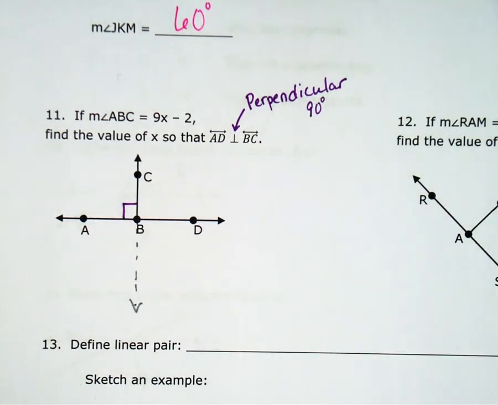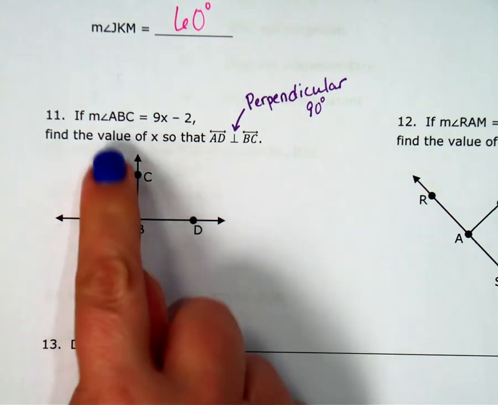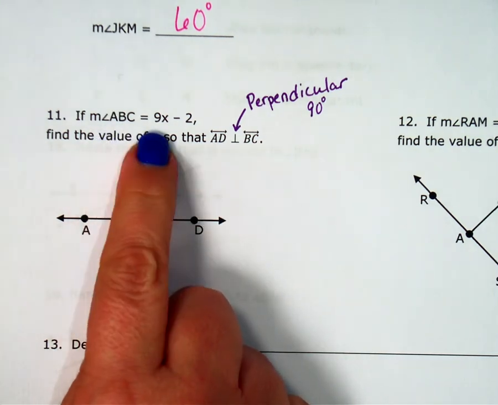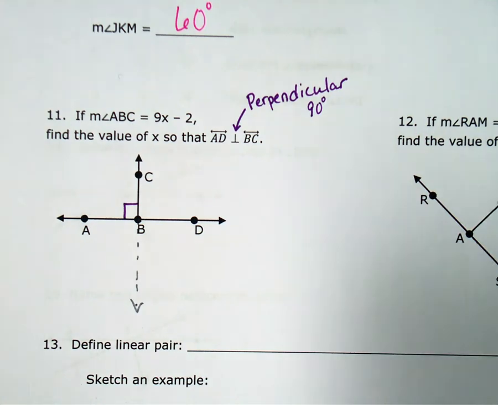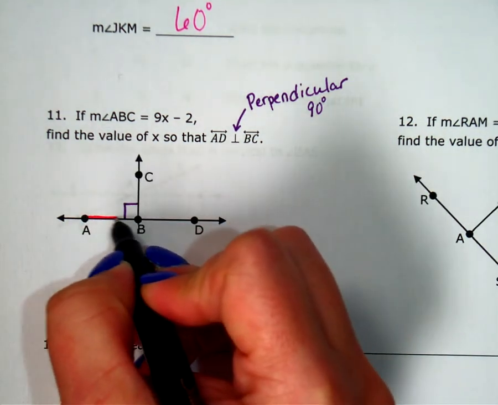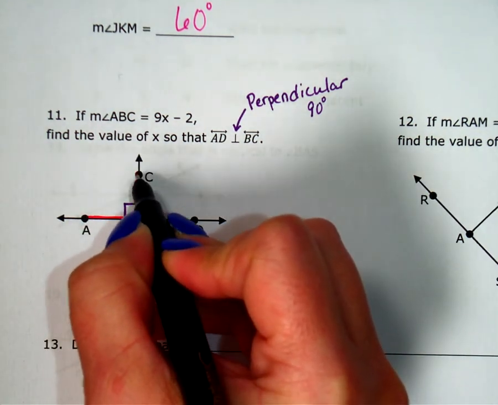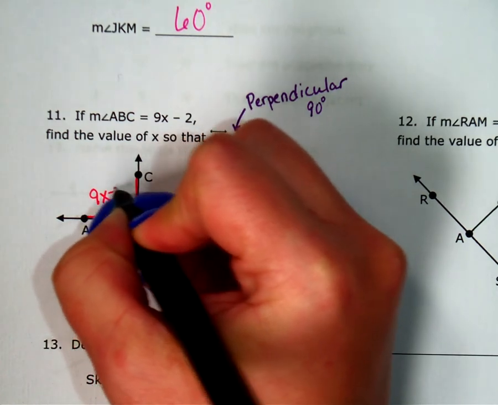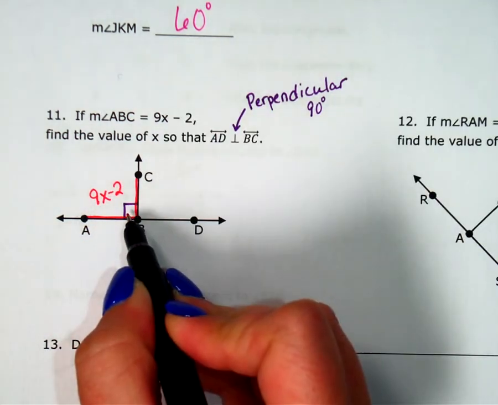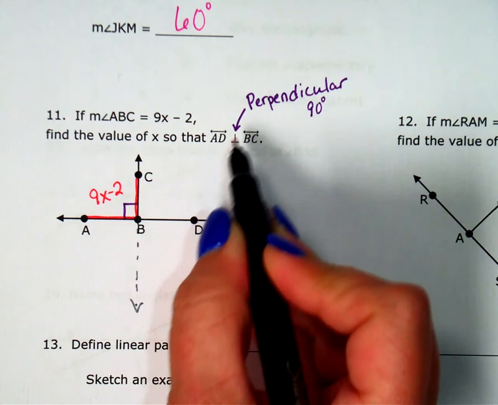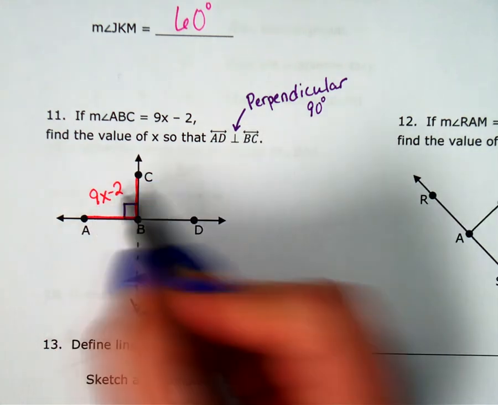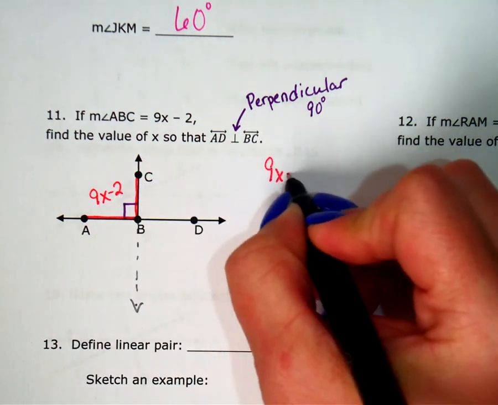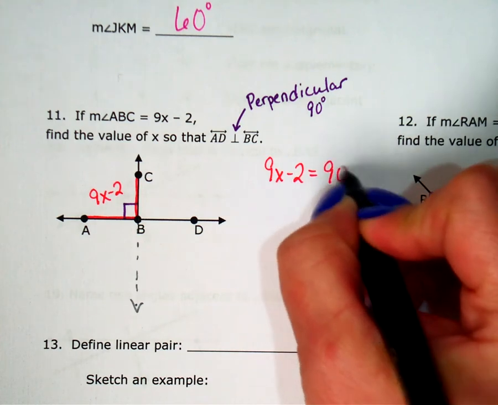Okay, so I can put a little box there. It says if the measure of angle ABC equals 9x minus 2. So let's see, ABC equals 9x minus 2. Oh, well, I also know that angle equals 90, right? Because I want them to be perpendicular. So 9x minus 2 must equal 90. That's easy enough.